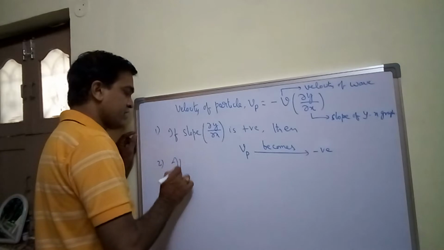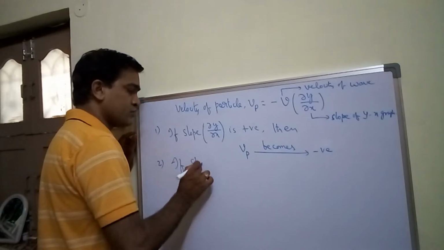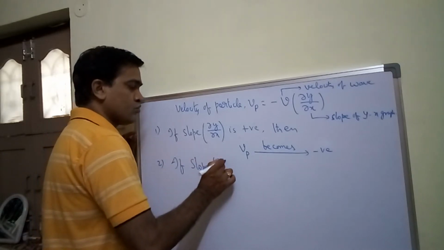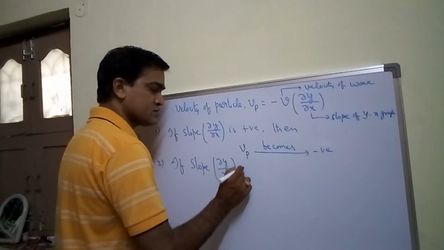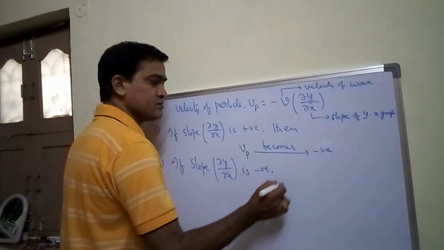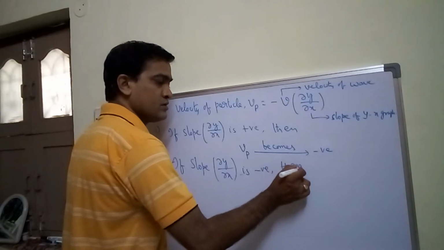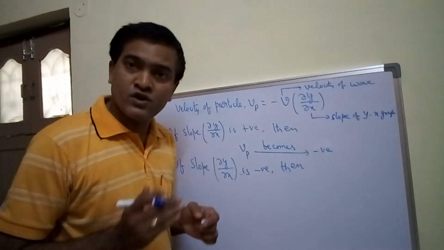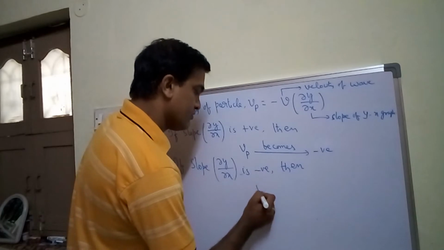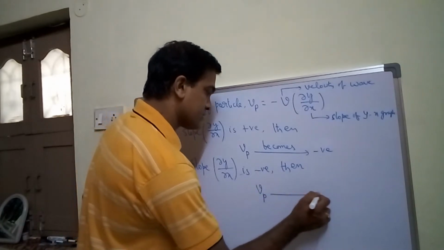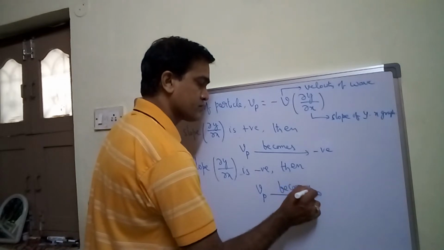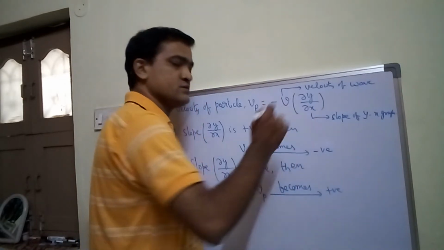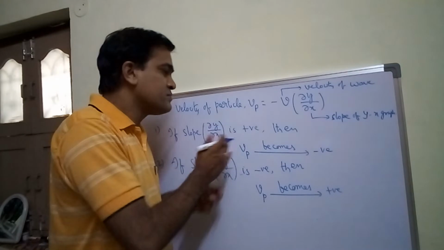Second case, if slope dou y upon dou x is negative, then what happens to the velocity of particle? Velocity of particle becomes positive. What does this mean exactly?